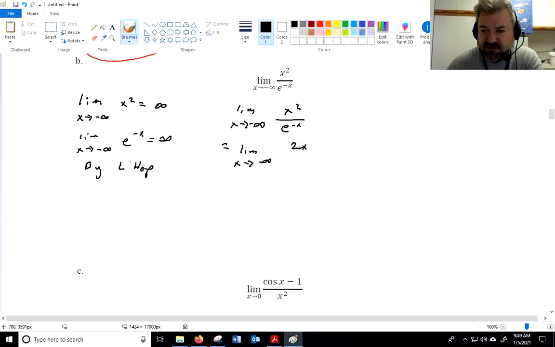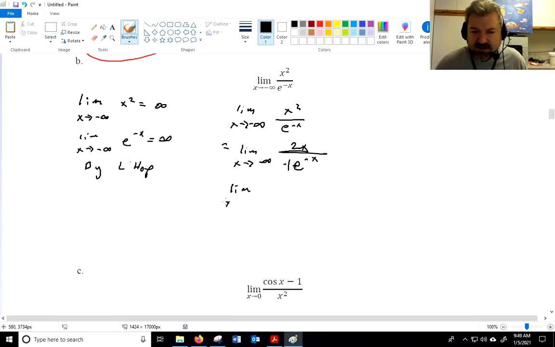And that becomes 2x over e to the negative x times a negative 1. All right, now let's try that. So I plug in infinity, I get infinity over a negative infinity. Well, that still didn't work, but let's try L'Hopital's again.